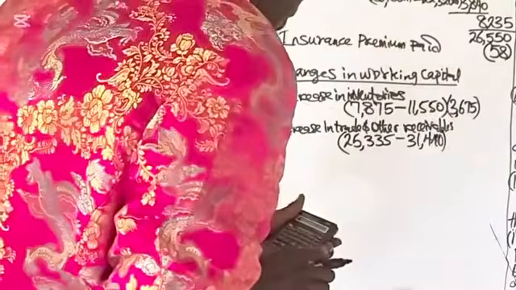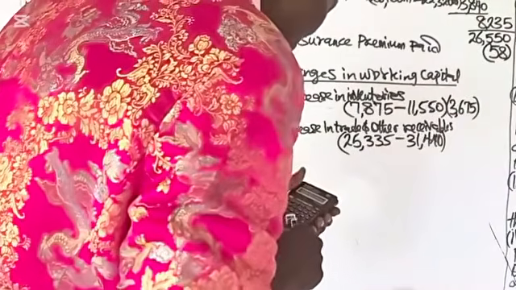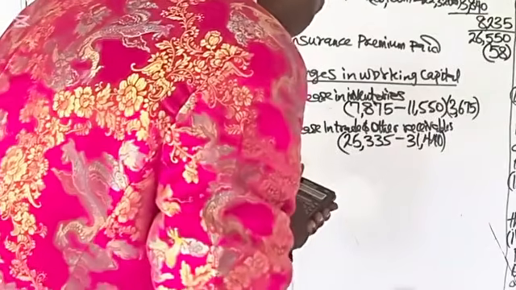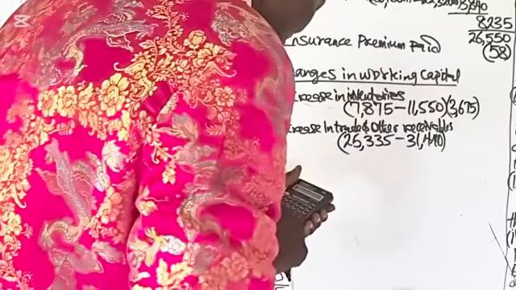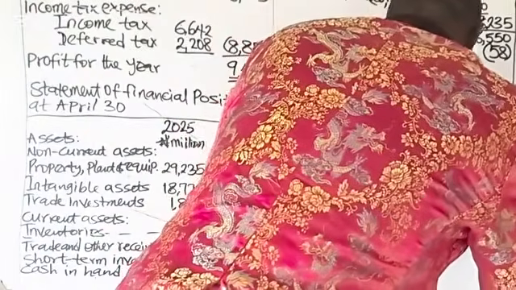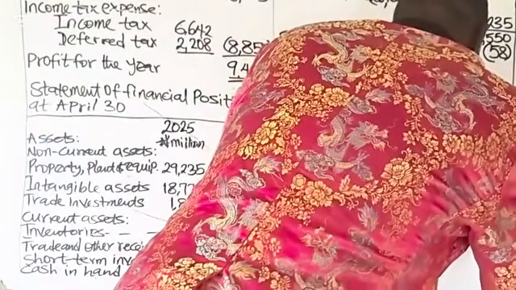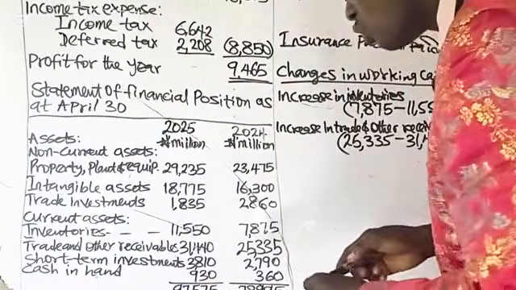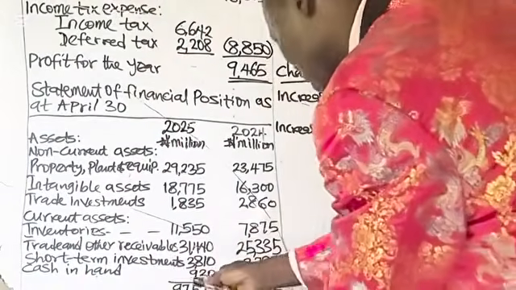How much is the increase? 25,335 minus 31,440. Then you have 6,105 increase, minus.